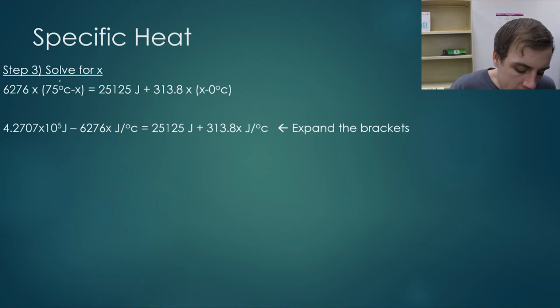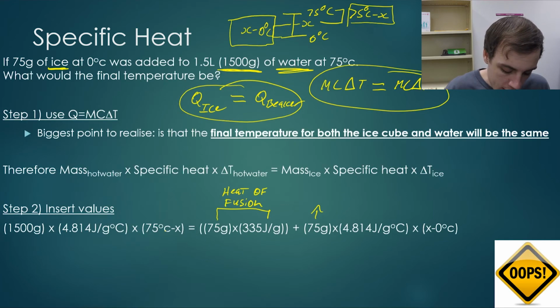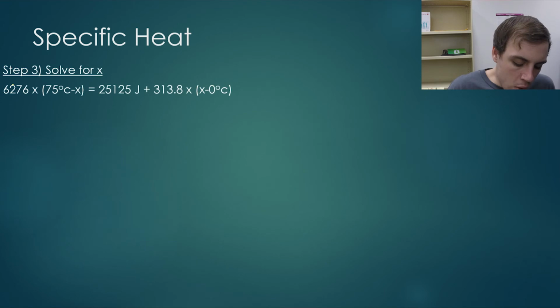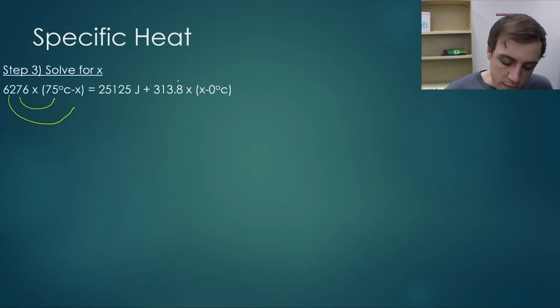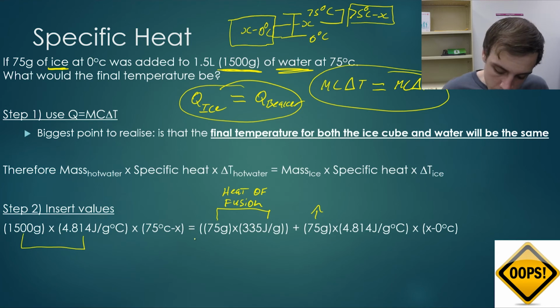So we have 6,276, which we got by 1,500 times 4.184, and we multiply this by 75. We also need to multiply this by negative X. It's the same here with the 25,125 joules, which was done by multiplying these.